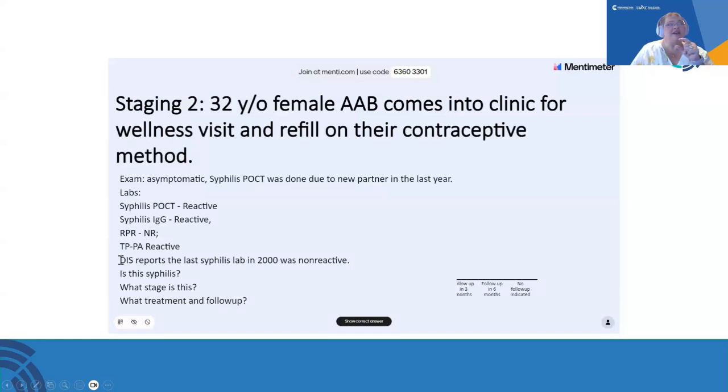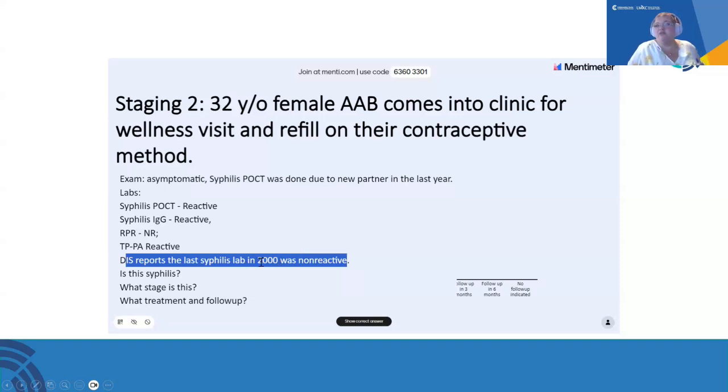Now, when we get the DIS report back, she had a syphilis lab in 2000 that was not reactive. Is that within the 1 year time frame? 2000 or 2024? Are we within 1 year? Yes or no in the chat?